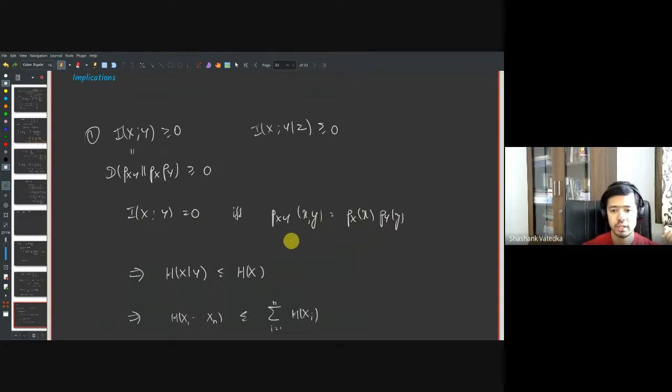In other words, they're independent. And that is exactly why the mutual information measures how far the joint distribution is from being independent. So I(X;Y) equals 0 if X and Y are independent, and it is strictly greater than 0 if they're not independent.